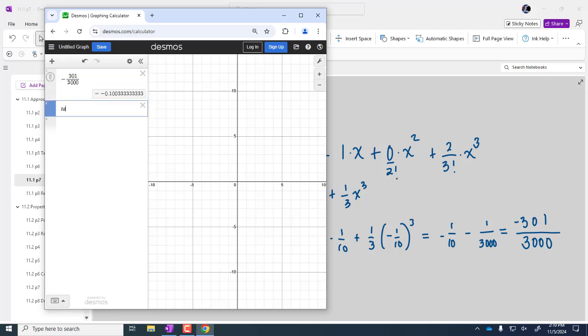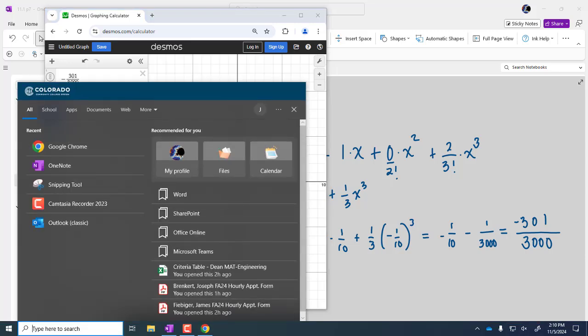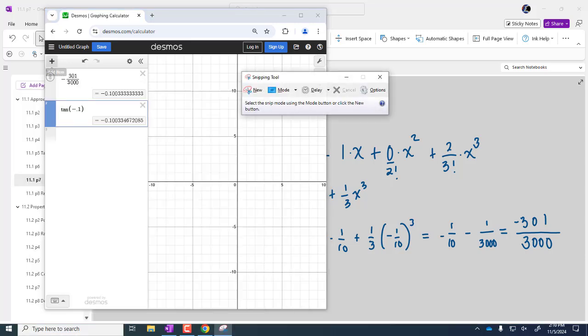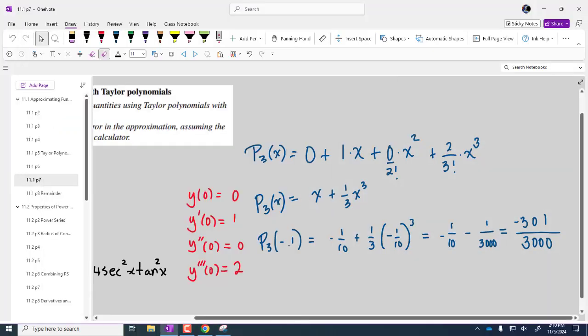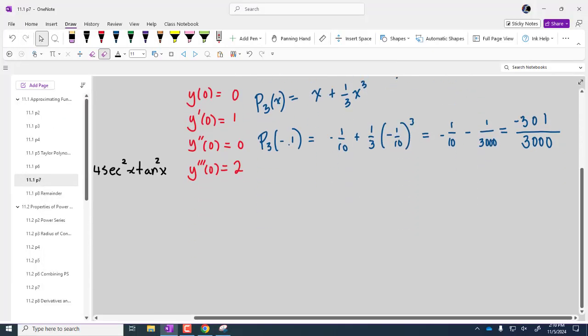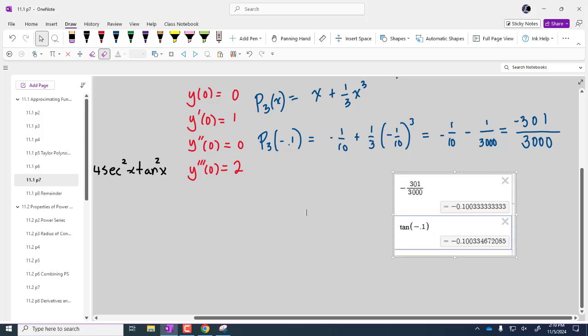Now let's look at tangent of negative 1/10. So there is the more accurate value. Pretty accurate, pretty fast.